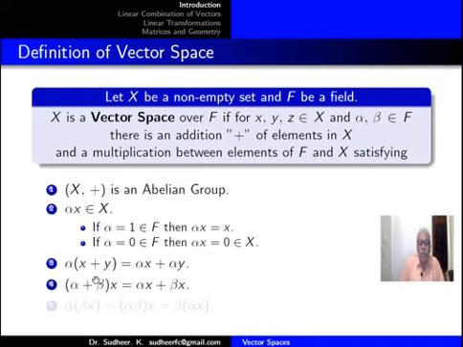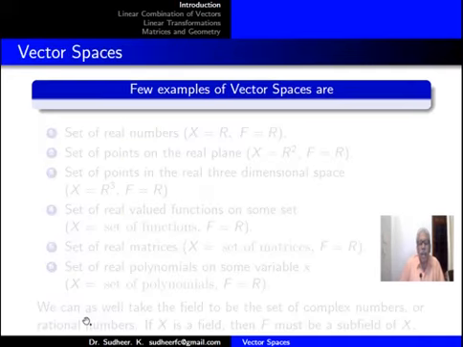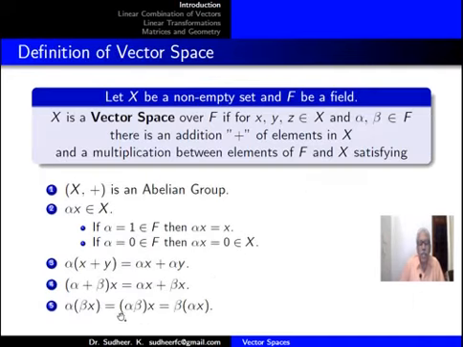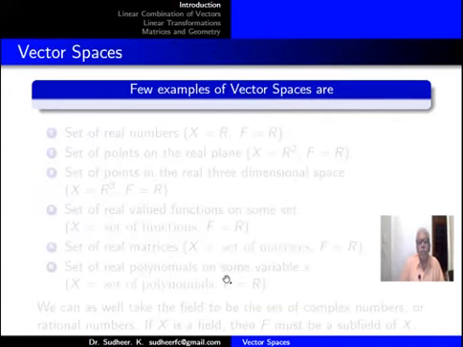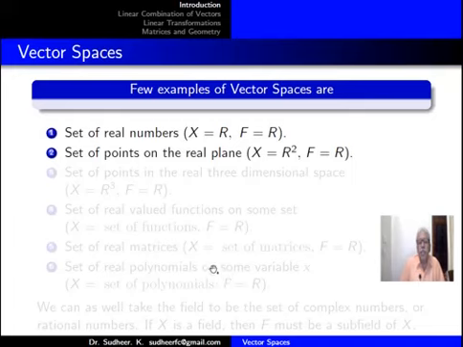Alpha multiplied to (x plus y) equal to alpha x plus alpha y. (Alpha plus beta) multiplied to x equal to alpha x plus beta x. Alpha multiplied to (beta x) equal to (alpha beta) multiplied to x, and that is equal to beta multiplied to (alpha x).